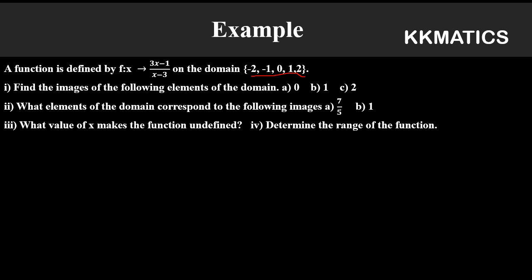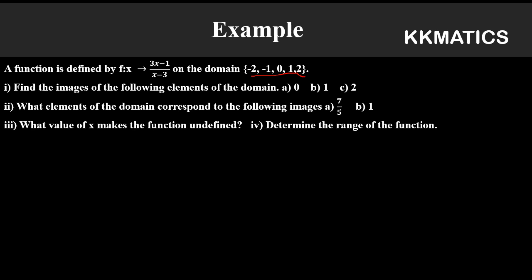When we talk about undefined, what that means is what value of x makes the function not exist. Now that means that all we have to do is fix a particular number in the denominator where x is. If we replace the x with a particular value that makes the denominator 0, as long as the denominator is 0, that means the function does not exist, or the function is undefined. It cannot be defined. That's what it means.